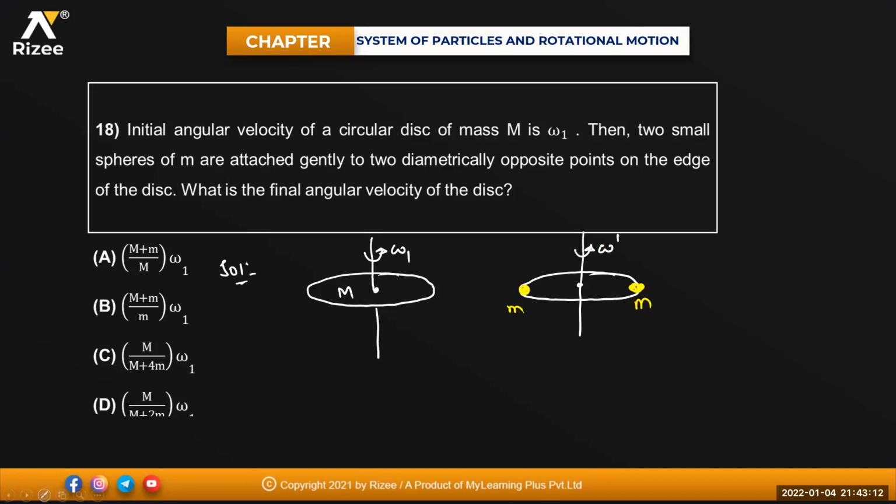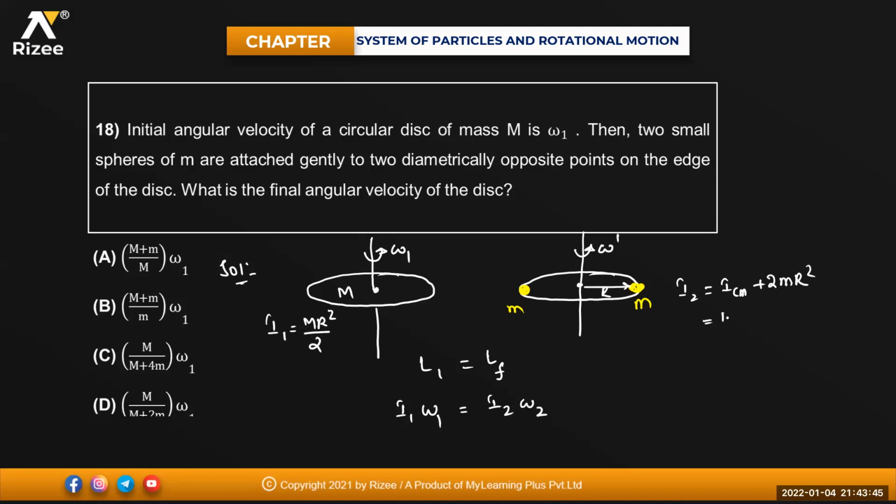As no external torque is acting on the system, angular momentum is conserved. So initial angular momentum must be equal to final angular momentum. So I1 omega 1 will be equal to I2 into omega 2. I1, the moment of inertia for the disk, will be equal to MR square divided by 2. I2 means moment of inertia about the center of mass, ICM, plus two particles, 2m into R square, because they are kept at a distance of R each.